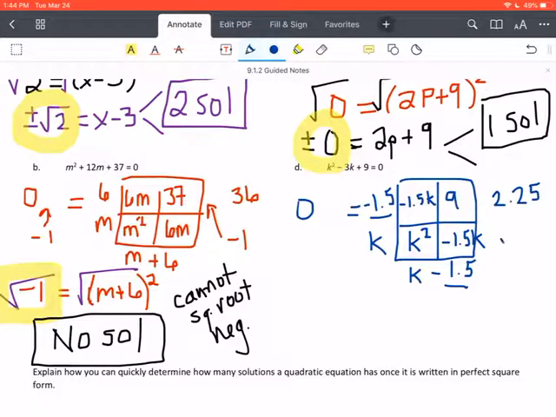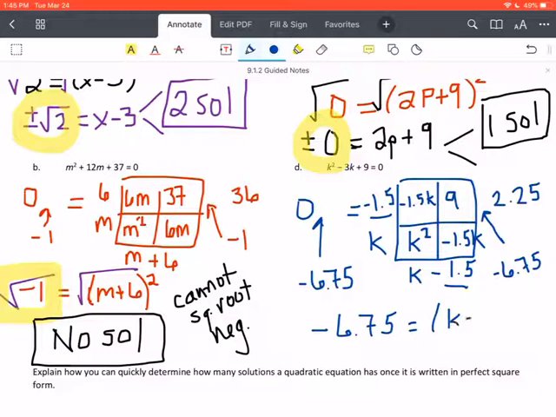Well, the shortcut, we see that we're getting smaller, so we can go ahead and take 9 minus 2.25 and see that we have to subtract 6.75 from both sides. So when I take 0 minus 6.75, I now have negative 6.75 equals k minus 1.5 quantity squared.